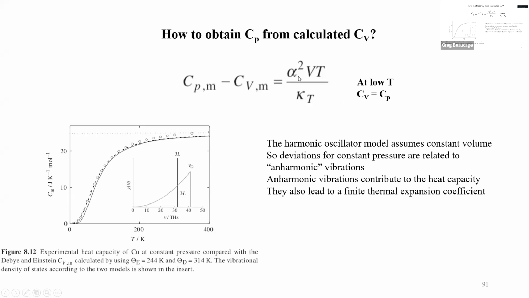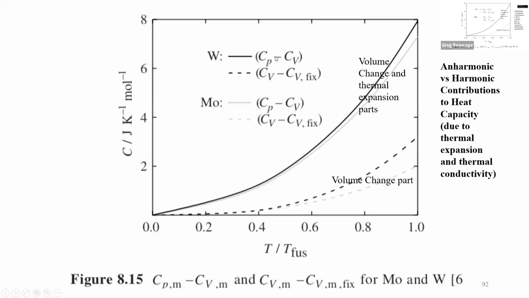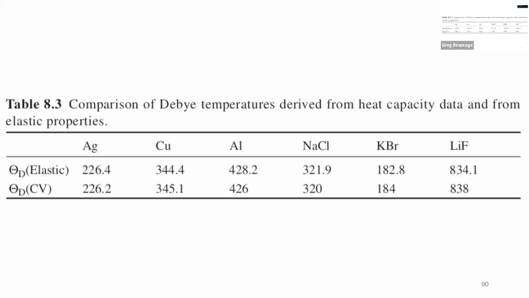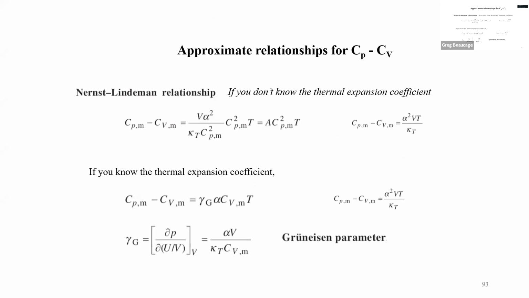So anyway, we have that equation we got before, and sometimes you don't know the bulk compressibility, or sometimes you don't know either the thermal expansion or the bulk compressibility. Then you need to do the Grüneisen parameter thing.